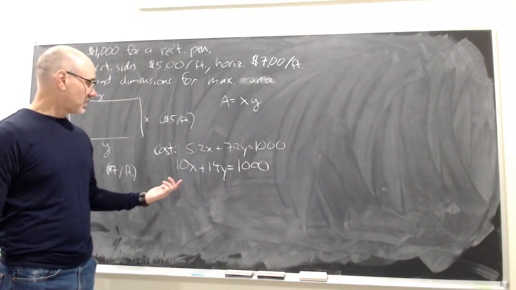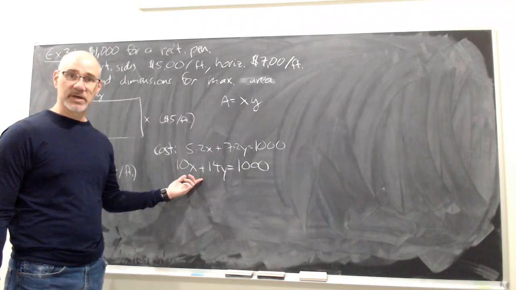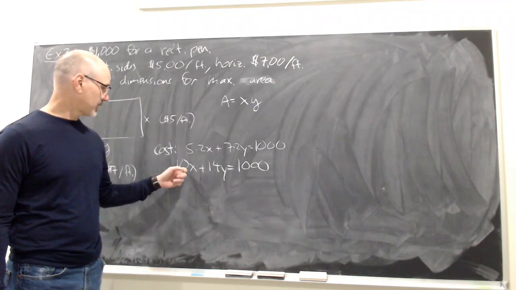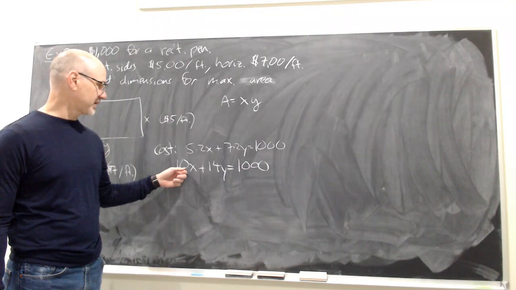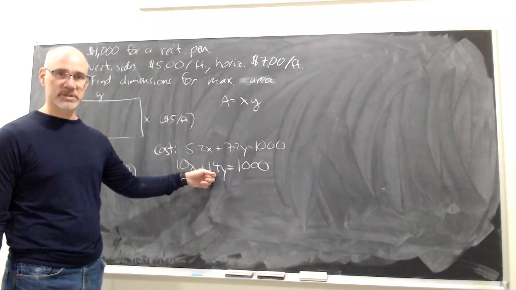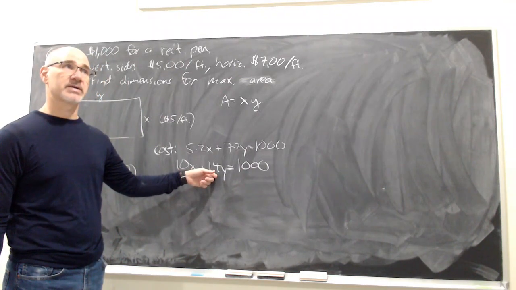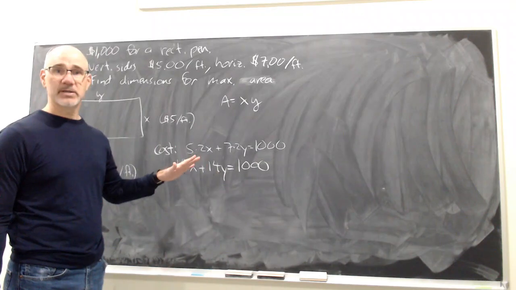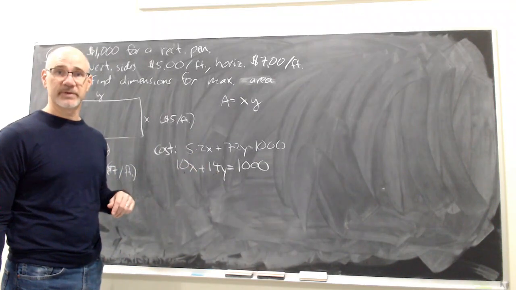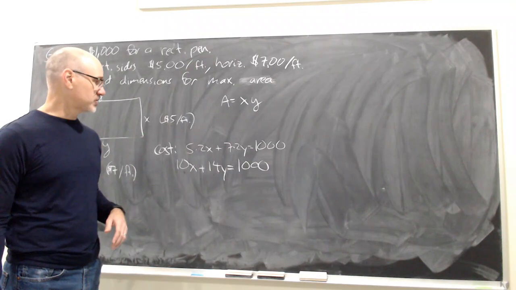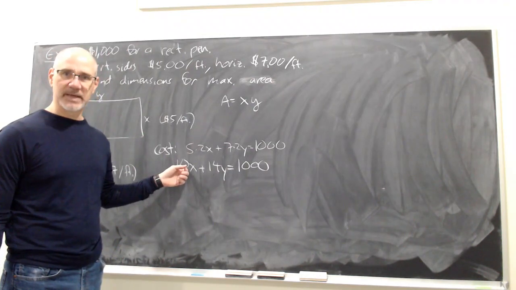So we need to solve for one variable in terms of the other. Because of the coefficients, I'm thinking ahead a little bit. Dividing by 10 is easier than dividing by 14. So I'm going to solve for x in terms of y. It's okay to do it the other way and get y in terms of x. You'll get the same value. It's just that this might be a little bit less messy.